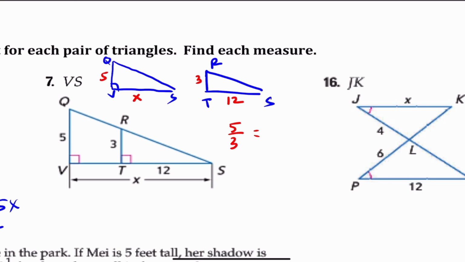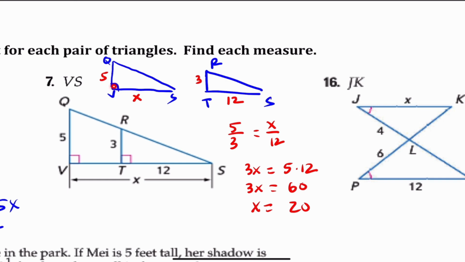That's my scale ratio, which is equal to x over 12. So I have 3x equals 5 times 12, which gives me 60. Then 60 divided by 3 is 20. So x is equal to 20.